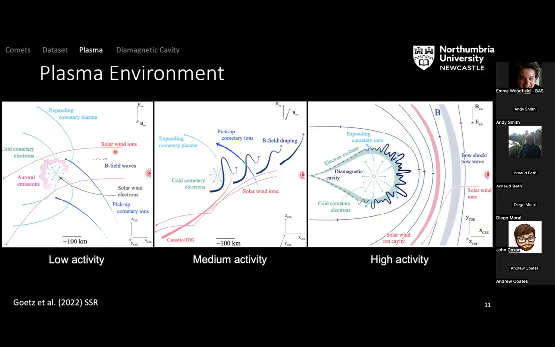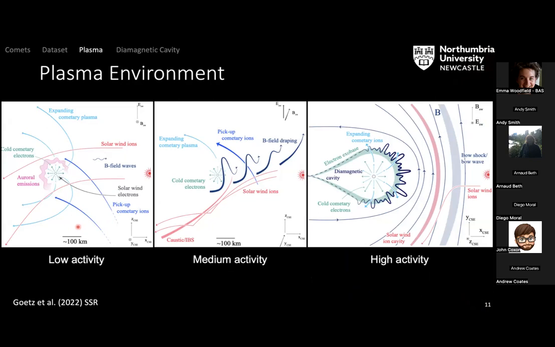So this is a figure from our review paper, and it gives you an overview of the plasma environment at the comet at different activity stages. So the low activity stage is here. I don't want to get too much into it because I won't be talking about it in the rest of the talk.